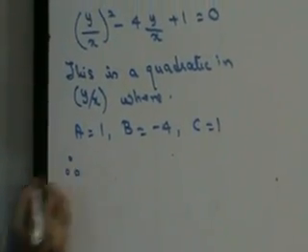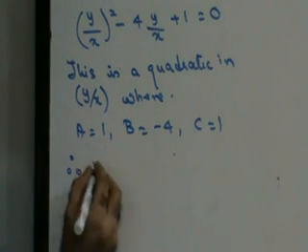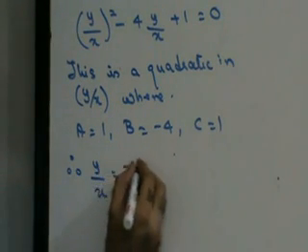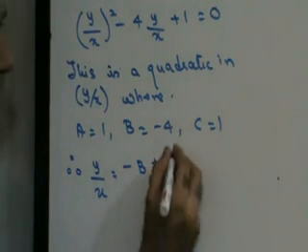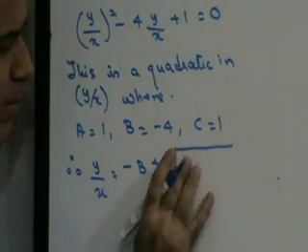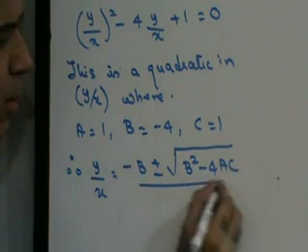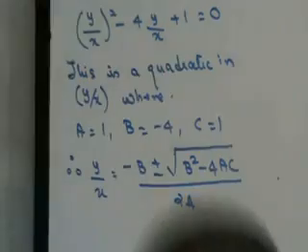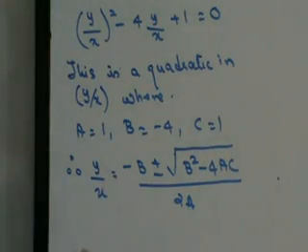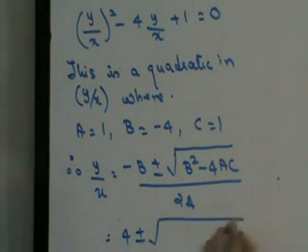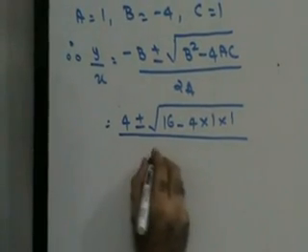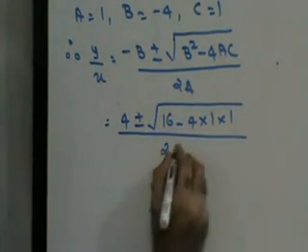Therefore, I can use the quadratic equation formula. y upon x is minus b plus minus square root of b square minus 4ac upon 2a. Now if I use this formula, I will get minus of minus 4 is 4 plus minus square root of 16 minus 4 into 1 into 1 upon 2 into 1.